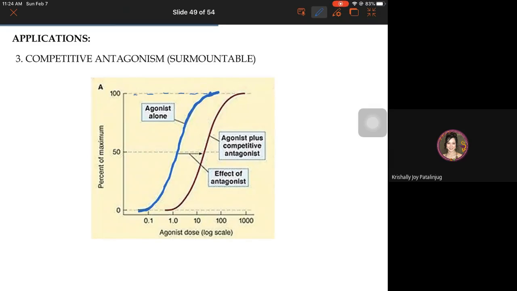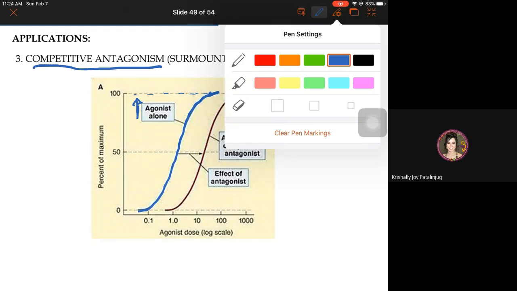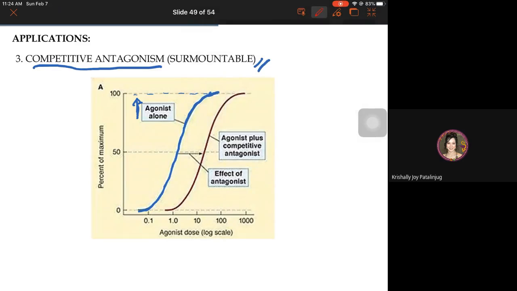Now, in the presence of a competitive antagonist, it can be surmountable, right? Again, recall your notes about competitive antagonist. Its antagonism effect can be surmounted if we increase the dose of the agonist. That is why on the second plotted curve, we increase the dose.